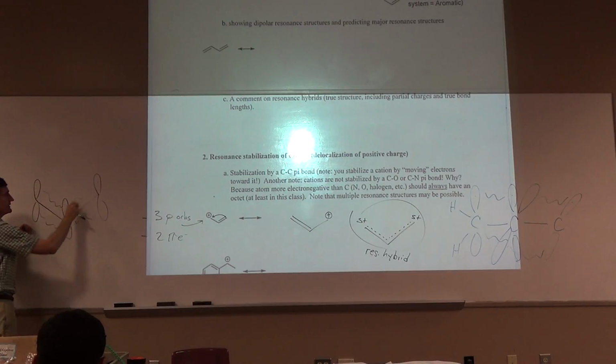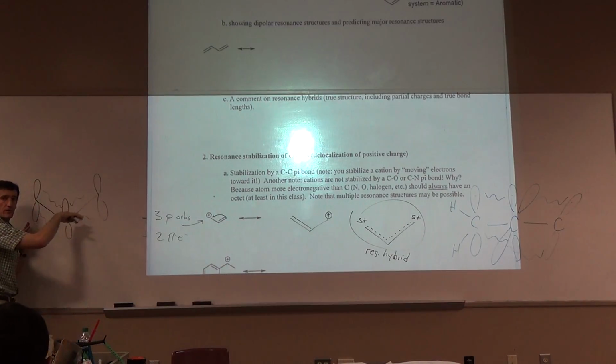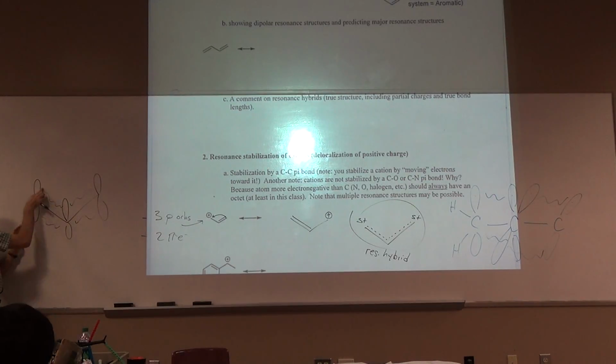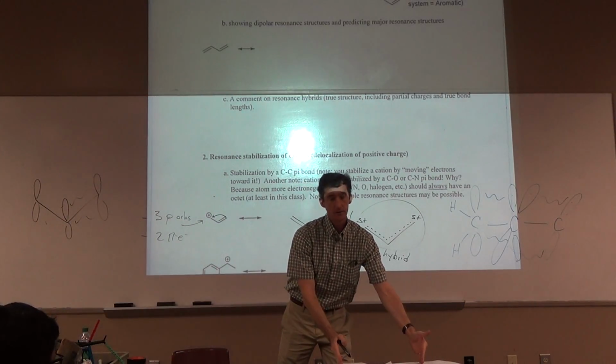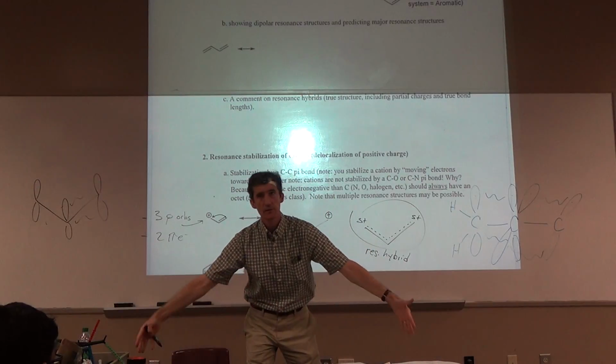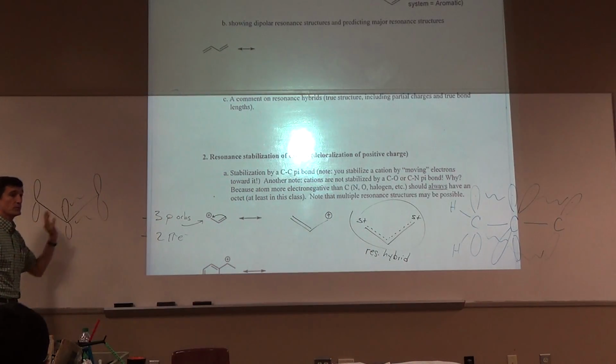Once you have one pi system, the electrons are really spread out here freely. Does it make sense if you had a garden hose and the water came in here and just stayed over here? Or will it spread out equally in the garden hose? They'll spread out equally. That's what's going on here.